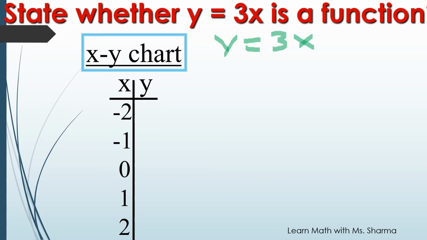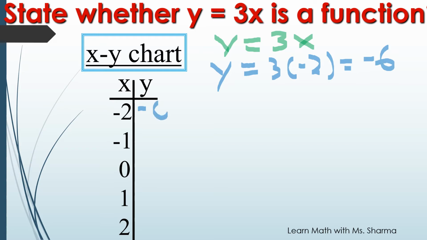We want to plug in. y equals 3 times -2. That's -6. 3 times -1 is -3.